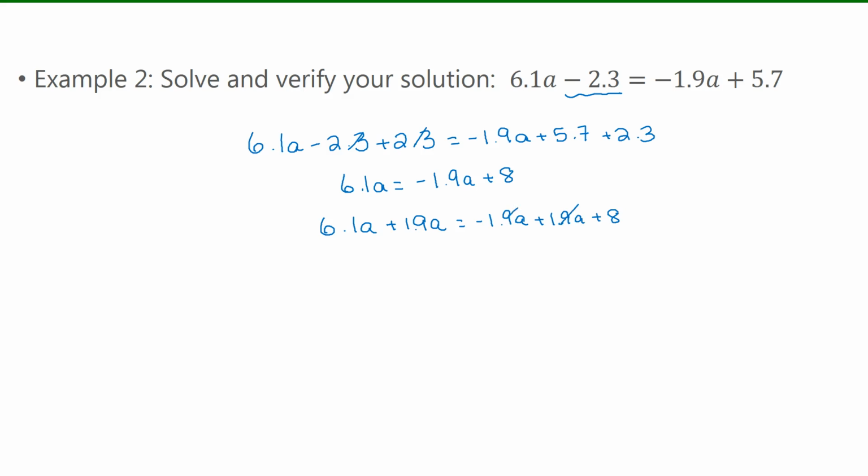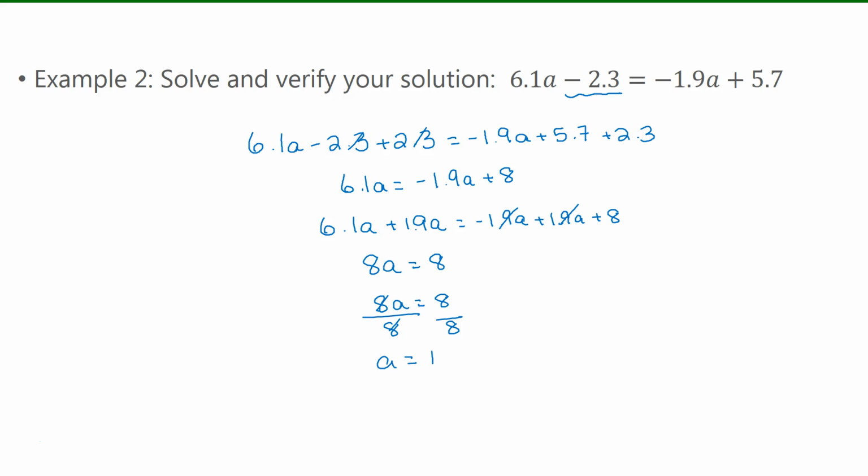So that they cancel out here on the right, leaving me with 8a on the left and just 8 on the right. Now, the inverse operation of multiplying by 8 is dividing by 8. So we divide both sides by 8, giving me that a is equal to 1.